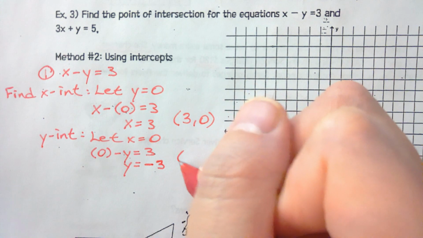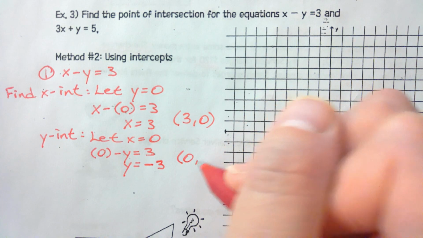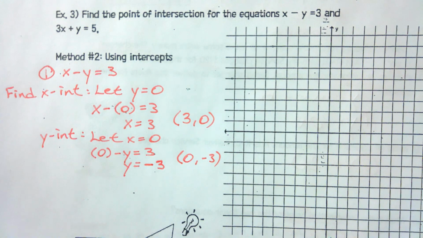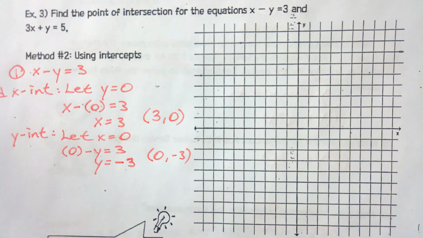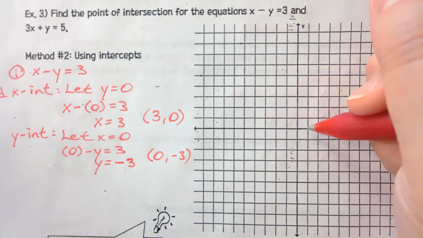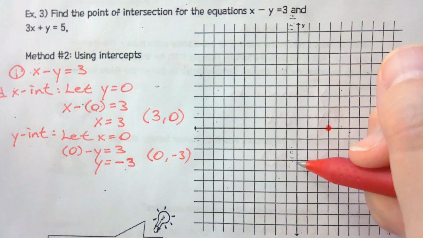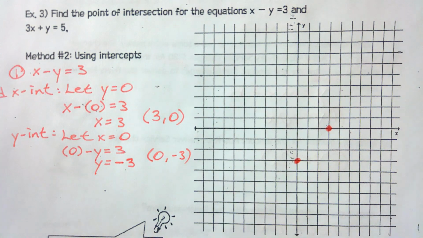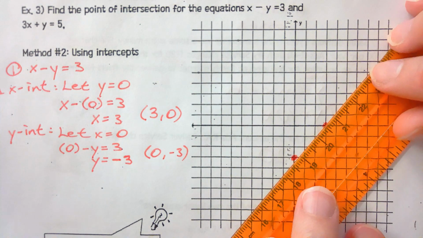So my other point on this red line is 0, negative 3. So let's plot this line. 3 and 0 right here, 0, negative 3 right here. I have the 2 points, so I can draw my line.